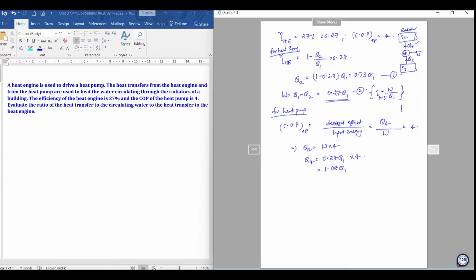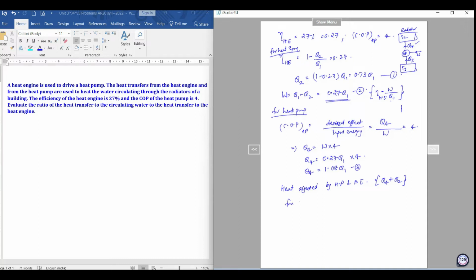Now let us calculate the heat rejected to the radiator. That is nothing but the heat rejected both by the heat pump and the heat engine, that is Q2 plus Q4. So substitute these equations; let me call this equation 3.